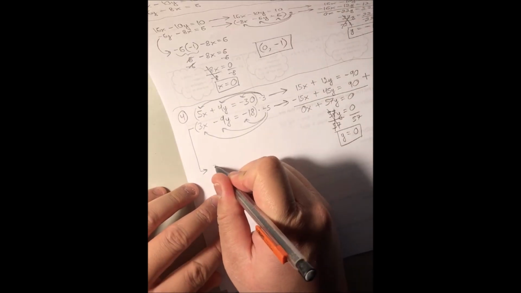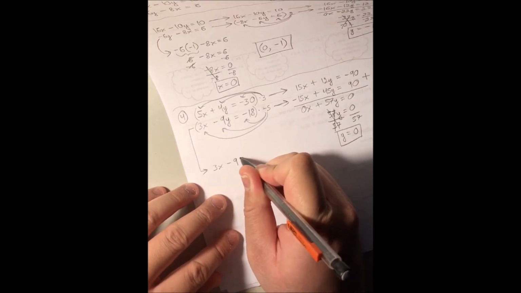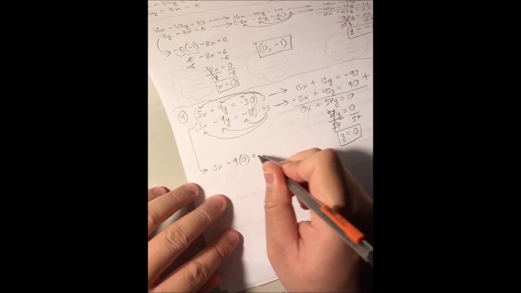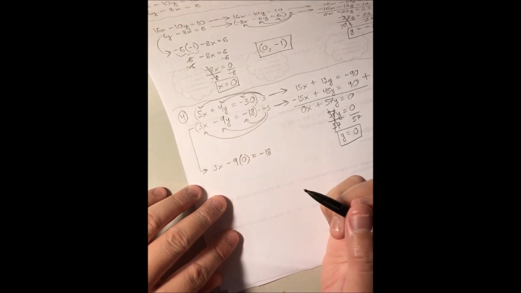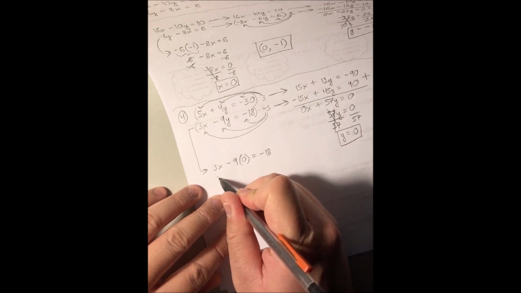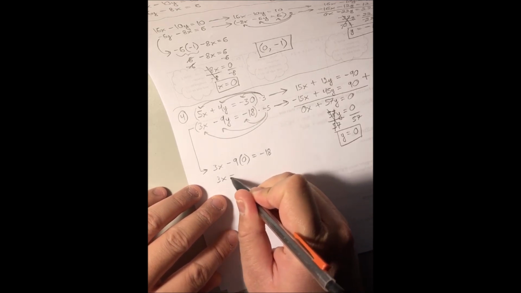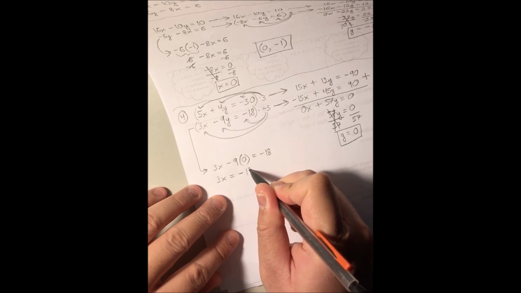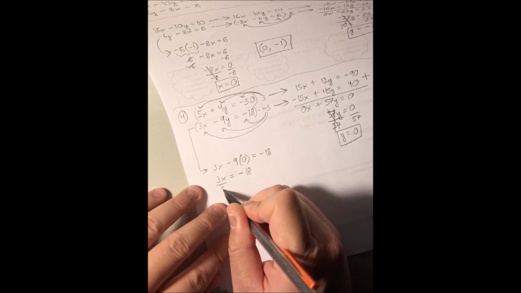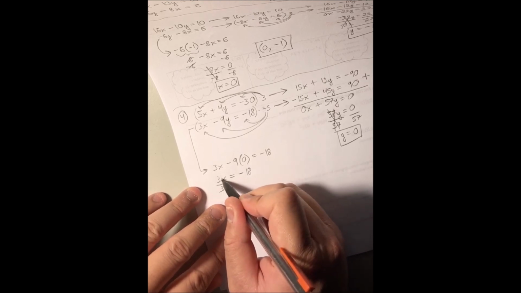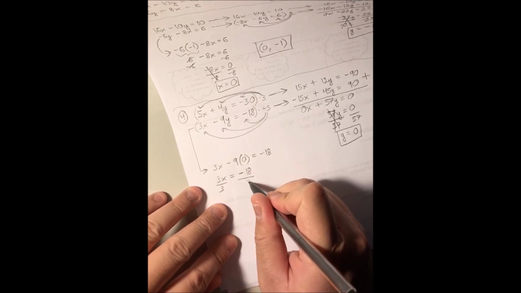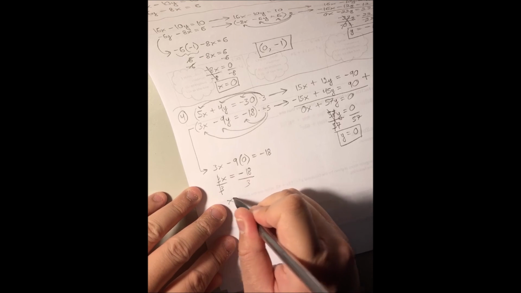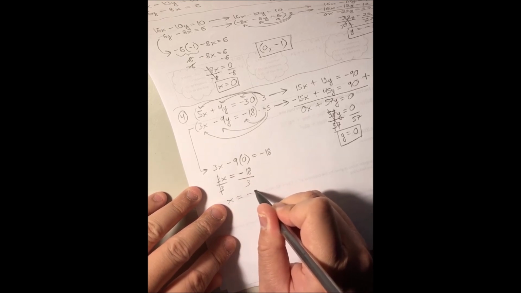I would have 3 times x minus 9 times 0 equal negative 18. Well, anything multiplied by 0 is just going to be 0. So we're left with just 3x on the left hand side equal to the right-hand side negative 18. Get x by itself by doing the opposite of multiplying by positive 3, which is dividing both sides by positive 3. I'm left with just x equal negative 6.